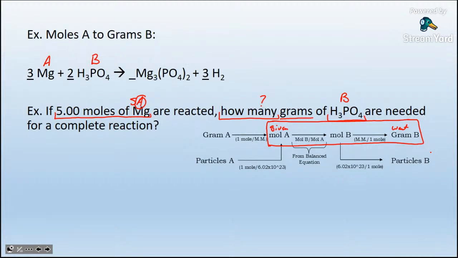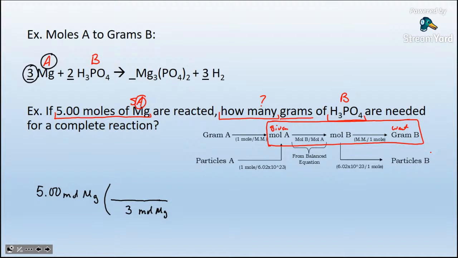So let's go on and work this problem. So my 5 moles of magnesium, 5.00, not grams, sorry, getting ahead of myself, moles of magnesium. My first conversion factor, again, I want to cancel out moles of magnesium, which means I will need moles of magnesium in my denominator. And according to my balanced equation for substance A, there are 3 moles.